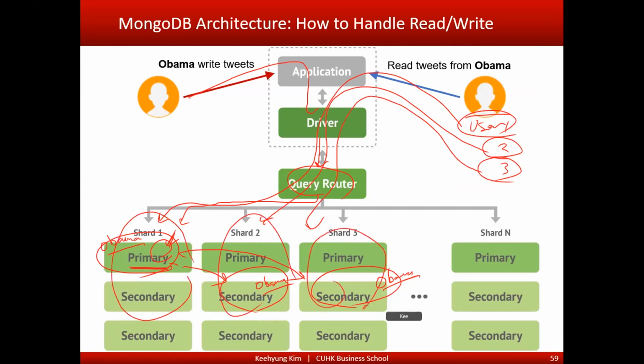So different computers will process 3 requests at the same time. So that's possible. That's briefly how the MongoDB architecture is able to utilize sharding to process multiple requests.